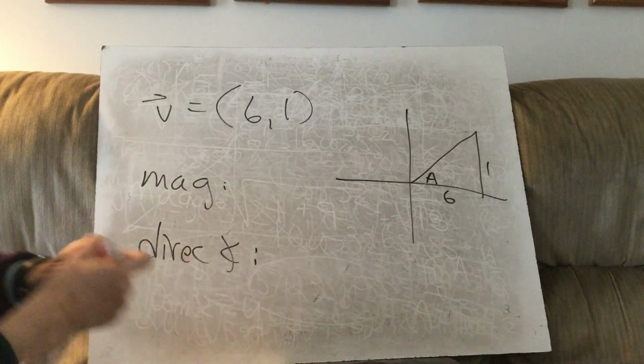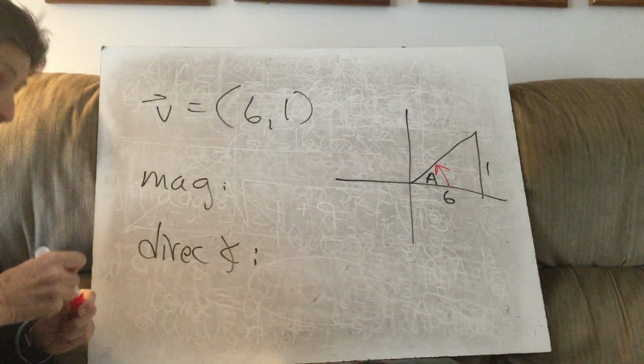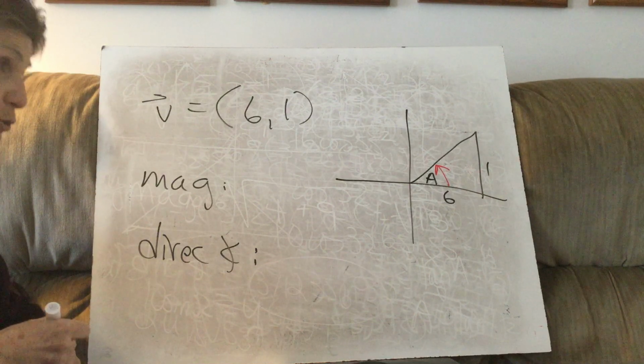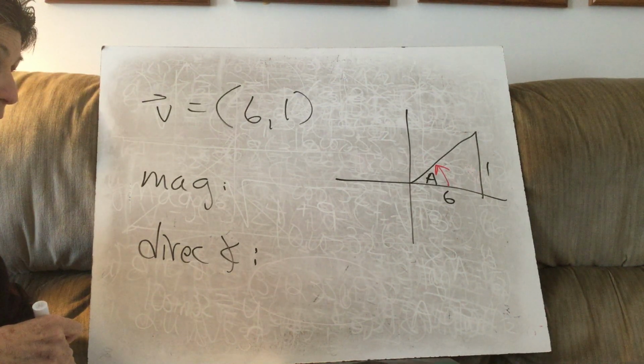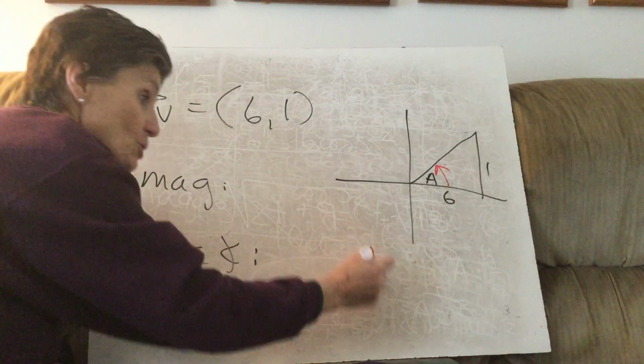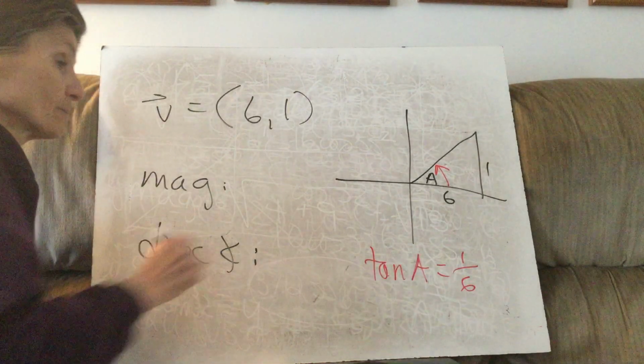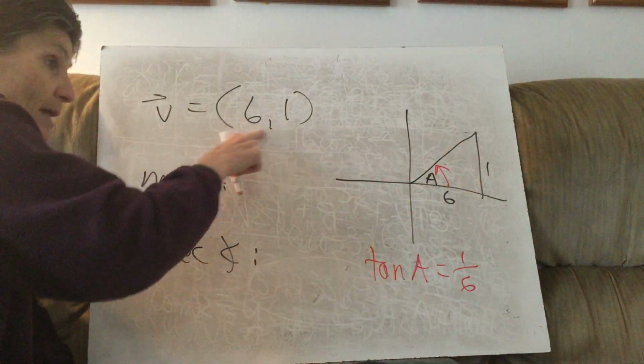Since that is in quadrant 1, whatever you get when you find A is going to be the actual direction angle. So to find that, we know that the tangent of that angle is 1/6. We went over 6 up 1 for that vector.